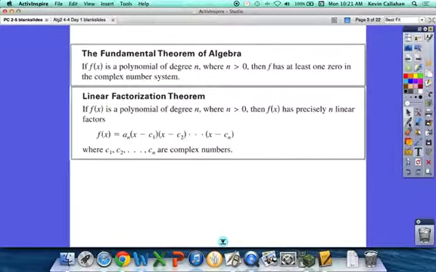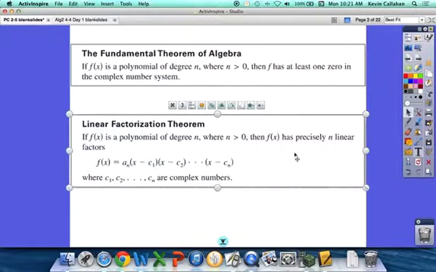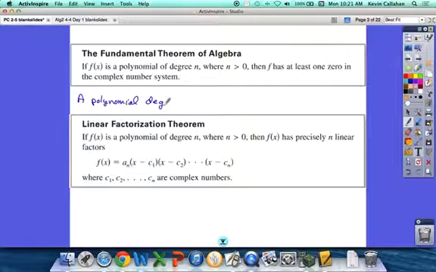What we take from it is this. A polynomial with a degree equals n has n complex zeros.